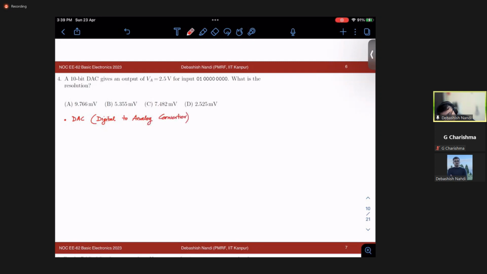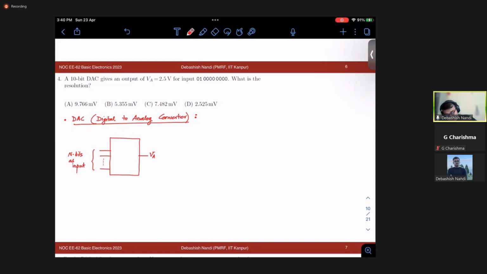Fine. Now it is just the opposite of your ADC. Here you have some n bits as input, and you will have a VA or some analog voltage.